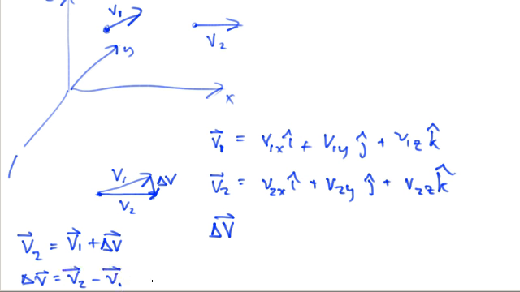You can think of that as final velocity minus initial velocity, which is the change in anything, the final value minus the initial. Here, of course, we're dealing with vectors. So let's go ahead and put this down: v2x times i plus v2y times j plus v2z times k.